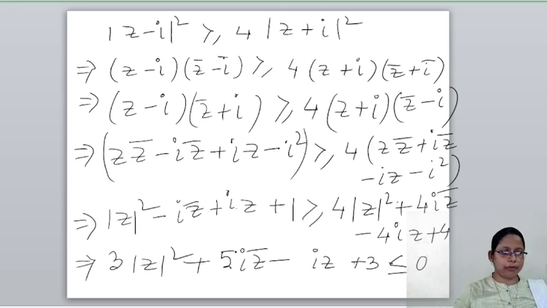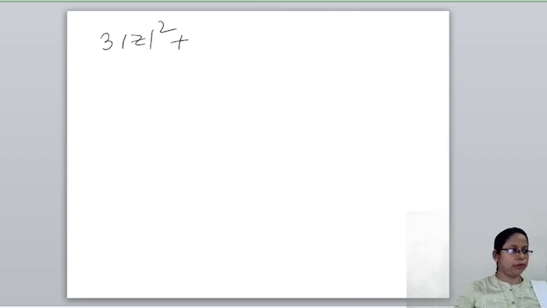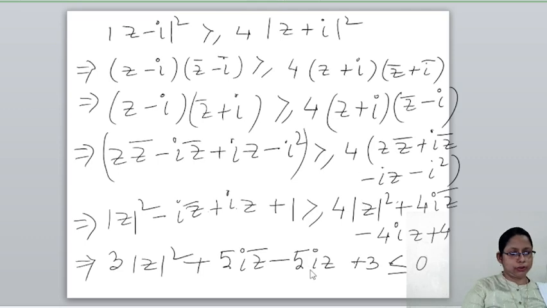This is 5i z, this is 5i z. So take 5 common, that will give you 5i, z conjugate minus z.